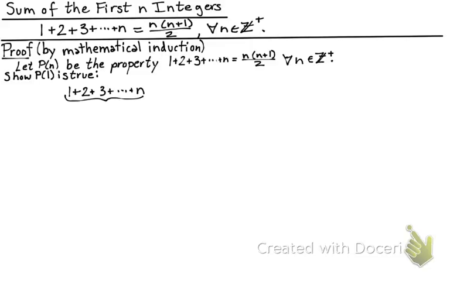What does our left-hand side equal? If n equals 1, what happens to all of this stuff over here? If n equals 1, that means it's just 1. It's just 1, that's right. So we just reduce down to 1 on the left-hand side.